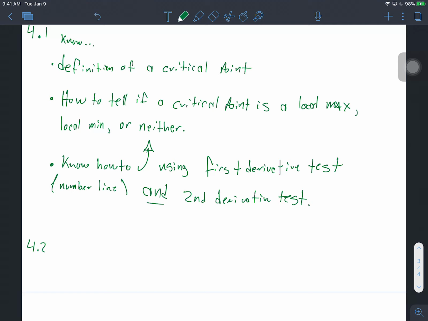4.2 told us a little bit more about what's going on if f double prime is equal to 0. It means that that point may be a candidate for an inflection point. So know the definition of an inflection point.